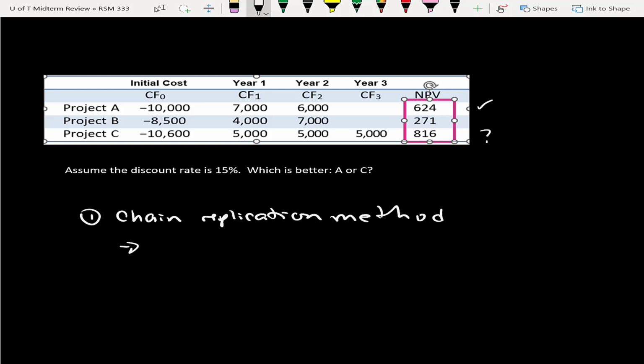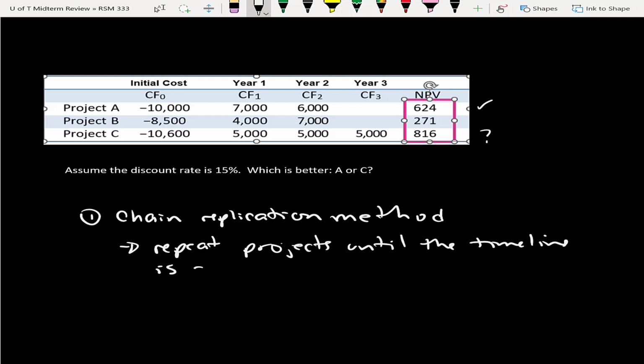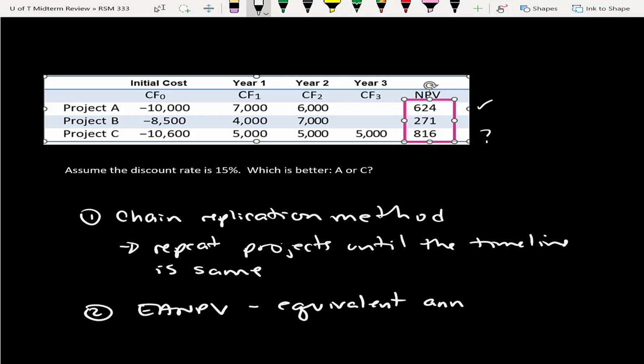So you find the lowest common multiple. Okay, so repeat the projects, and you'll see when I do the example, until the timeline is the same. And the second method is called the EA-NPV, which stands for Equivalent Annual NPV.